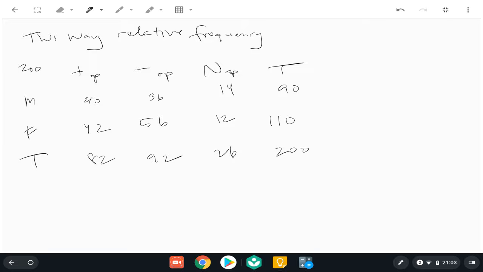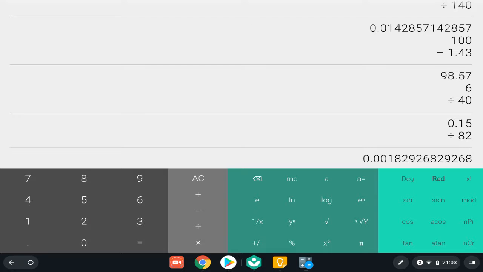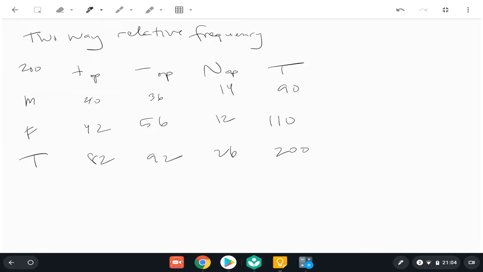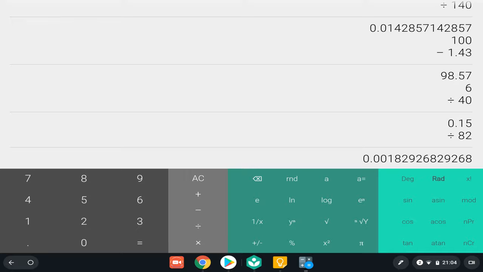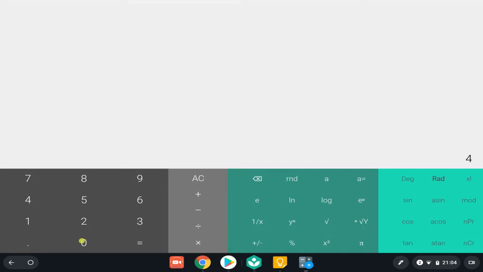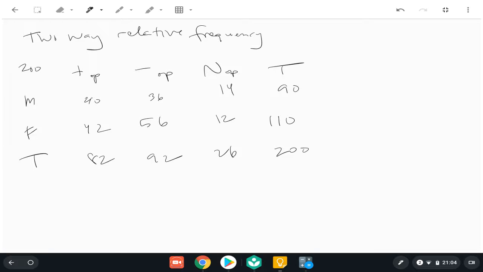Nearest percent. Okay. Hold on, I didn't do the math right. 40 divided by 82 equals, wow, how did the math go so wrong? I didn't even check it. 49%, and that gives us 51% over here.